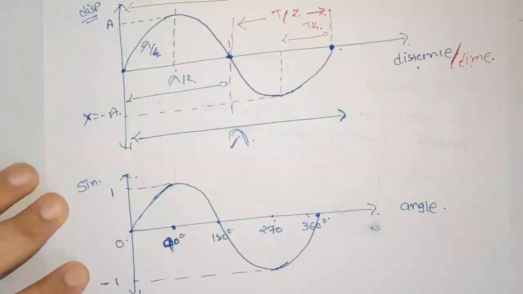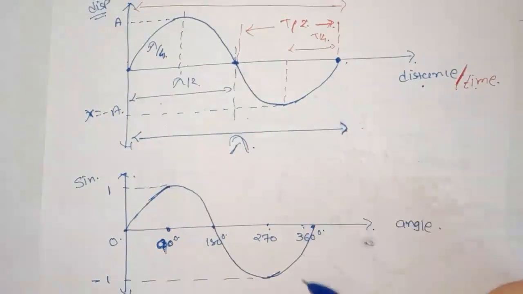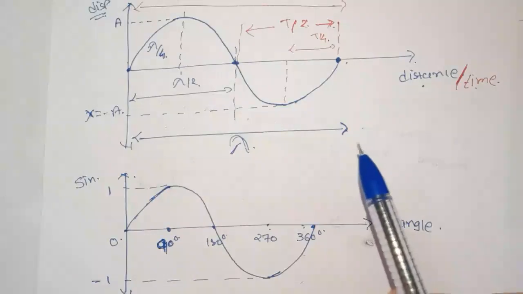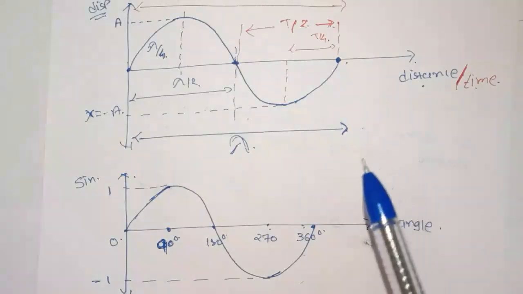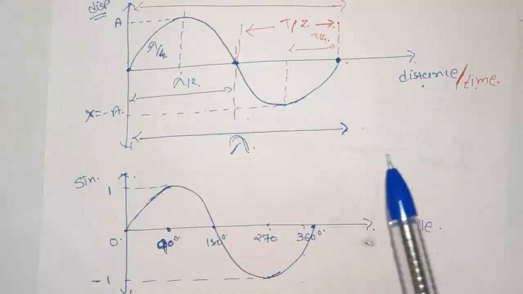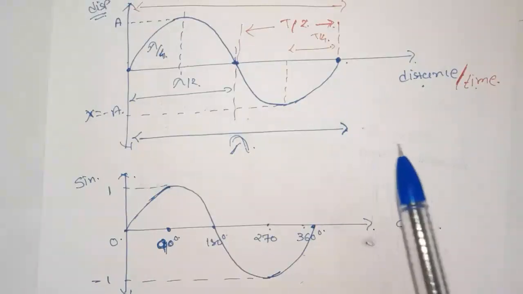So if we see these two graphs, they both are same. So we can say that we can represent the oscillatory motion as a function of sine or cosine wave.